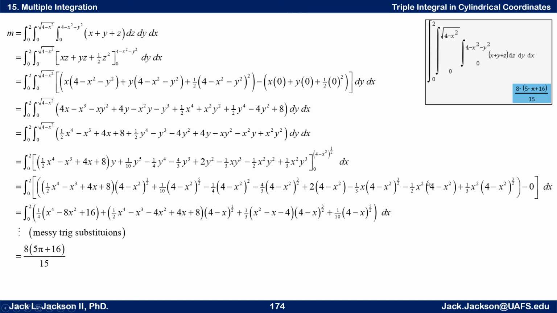So I put this term here with this one here and this one, and got this first term here. And then I took all the ones that had a 4 minus x squared to the 1/2. This term, and I guess that's it. So I've got all of that, which is here.